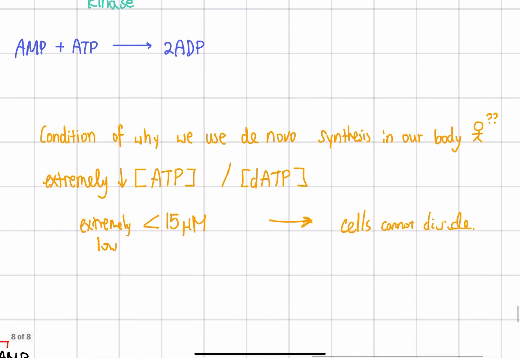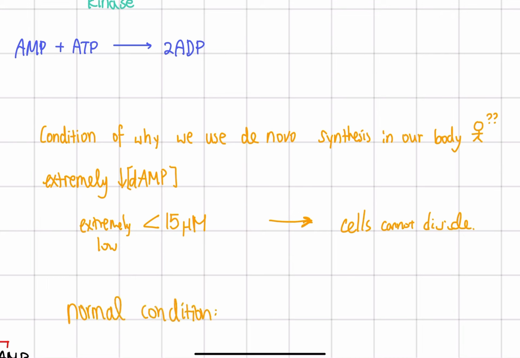Because it takes so much energy, and if we have enough concentration of ATP or dATP, then why do we need to use that much energy to just make our nucleotides? Well, instead we can just use, in a normal condition, the salvage pathway.